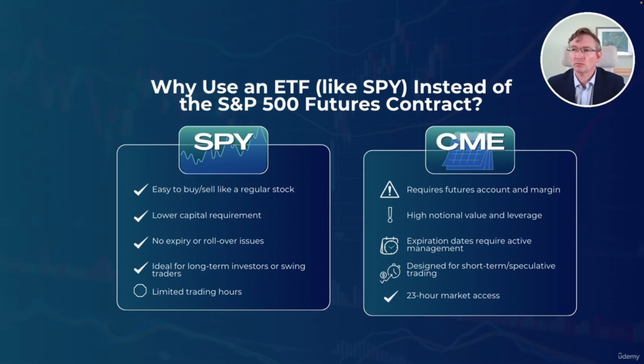Now, why use an ETF like the S&P 500 rather than using a futures contract to trade the S&P 500? Some of you might be wondering this, and some of you might look around and see these futures prop firms offering to trade the E-mini, the ES, which is the futures representation for the S&P 500. It's called the ES, or the E-mini for short.